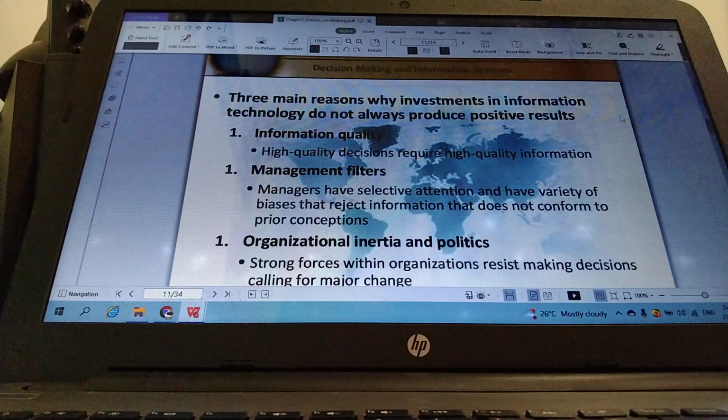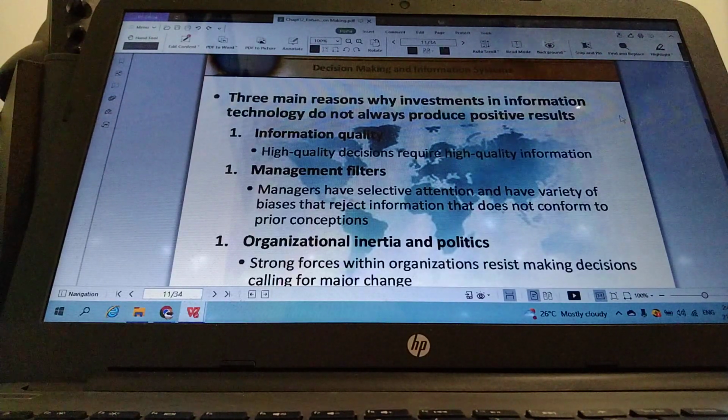So we have to be careful. That's the reason why the top management, the senior management, sometimes are involved in the decision making process, not completely depending on the system.